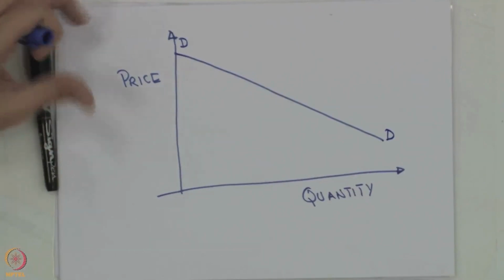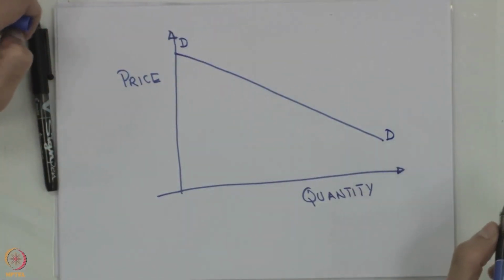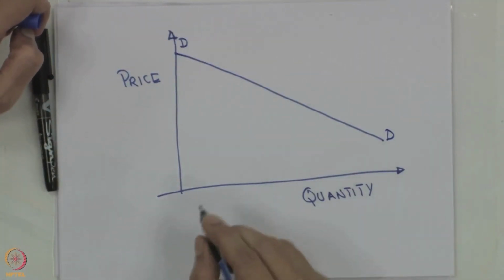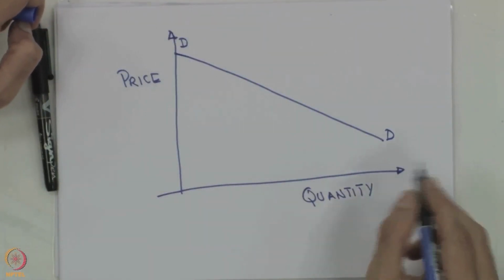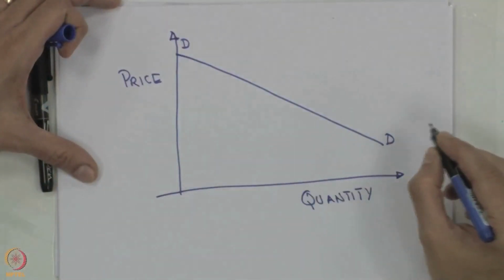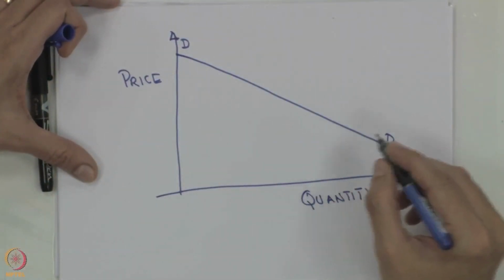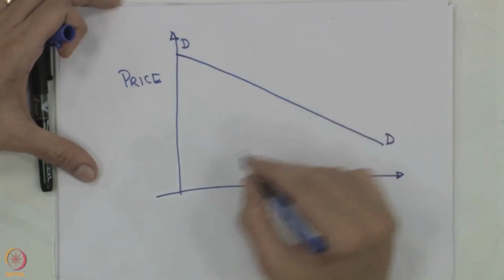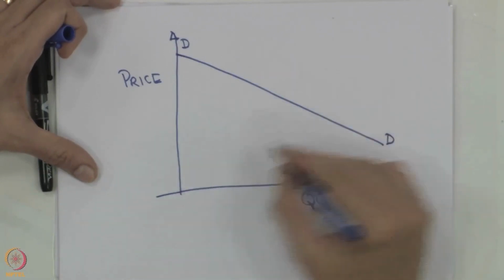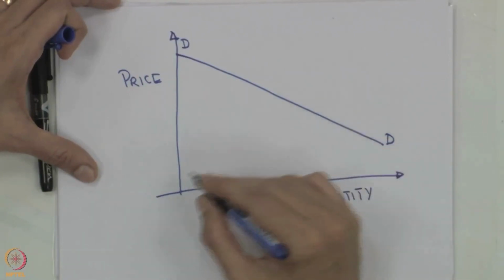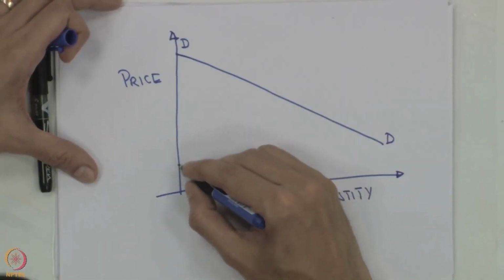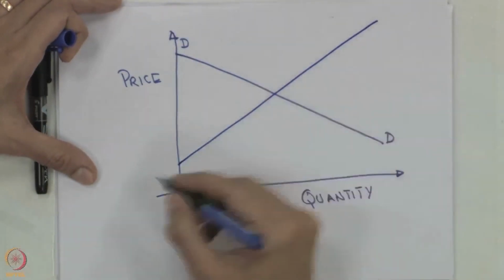So, this is the demand curve. On the other hand, if we look at the supply curve, we will find that there is a minimum amount of price which the supplier must get before they decide that they will supply that product. So, we will start with a minimum, and as more and more quantity is demanded, more and more price is there, more and more quantity will be supplied, because at higher prices there will be others who will come into the market, and so you will have a supply curve something like this.